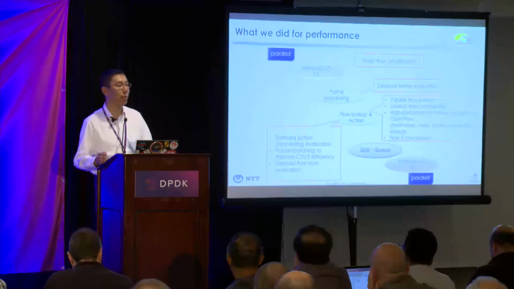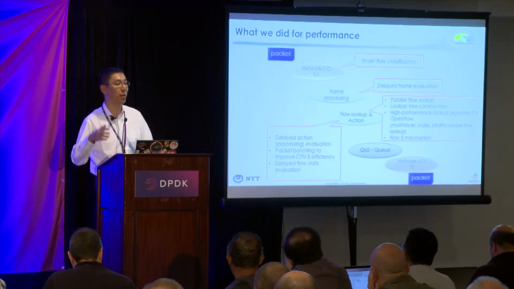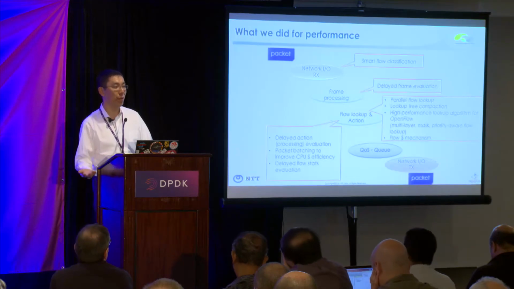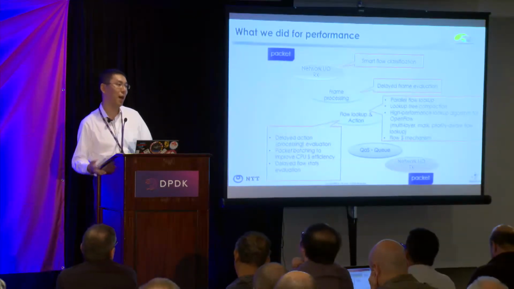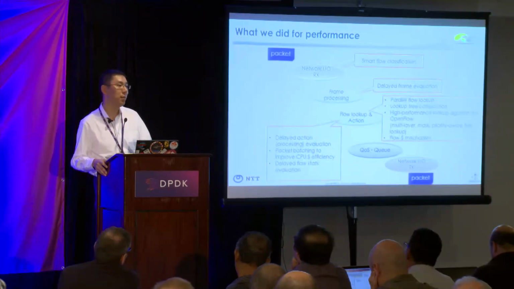So we want to offload such processing to the hardware. But we know that there are a lot of limitations for the hardware. So we think it is better to enable hybrid optimization using the merits of both the CPU and the hardware system.